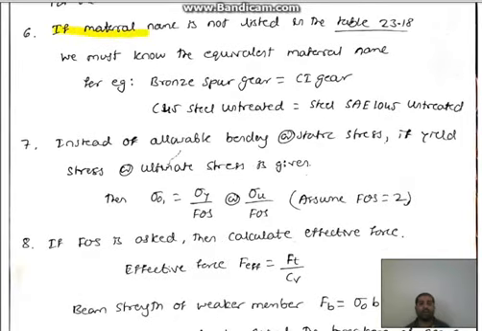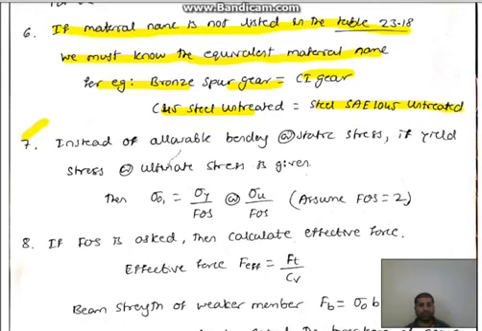Sixth one, if the material name is not listed in table 23.18, we must know the equivalent material name. For example, bronze spur gear is equivalent to cast iron gear. C45 steel untreated is equivalent to steel SAE 1045 untreated.